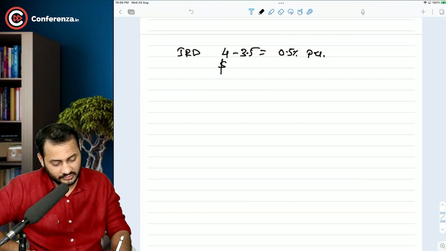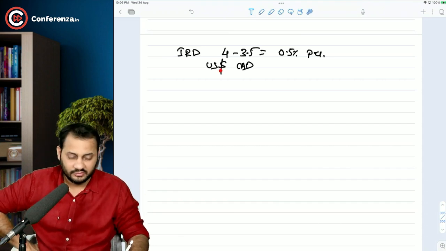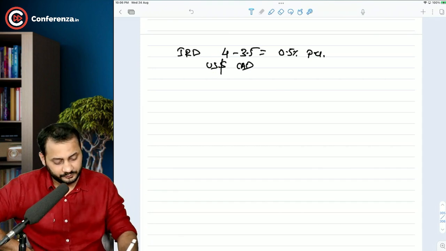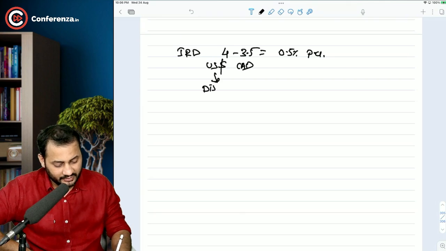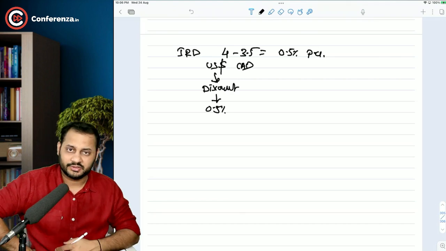This is US dollar, this is Canadian dollar. So the base currency is US dollar in the exchange rate. Let's talk from this angle. And this rate is higher. That means US dollar should be at a discount and that discount should be of 0.5%.